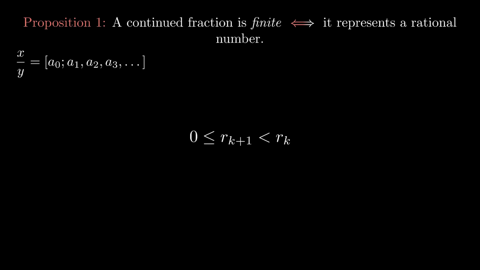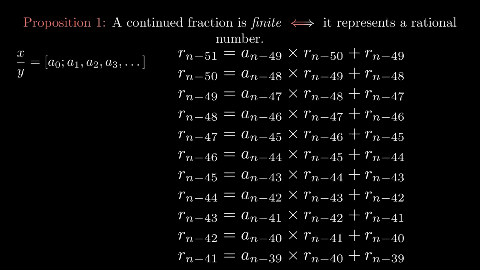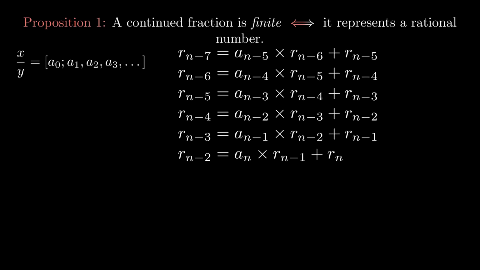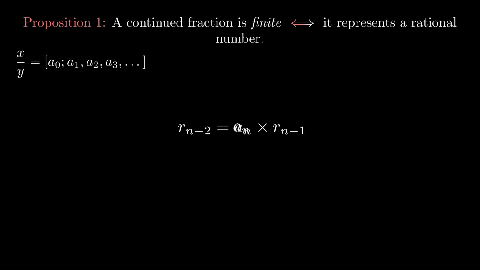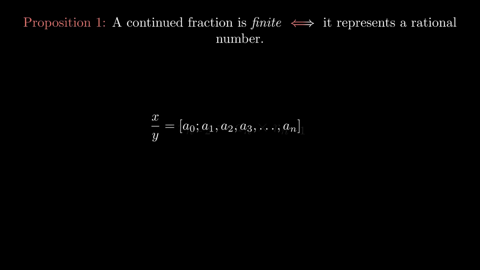We can prove that this sequence is strictly decreasing, and every number in the sequence is greater than 0. So this sequence must hit 0, and so the algorithm always terminates. We've characterized all finite continued fractions.